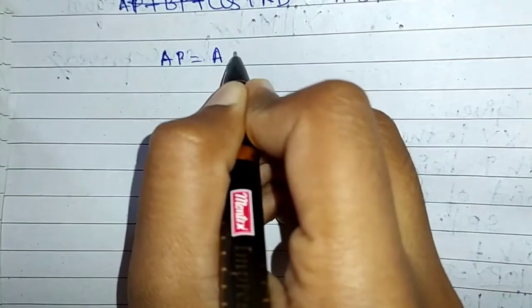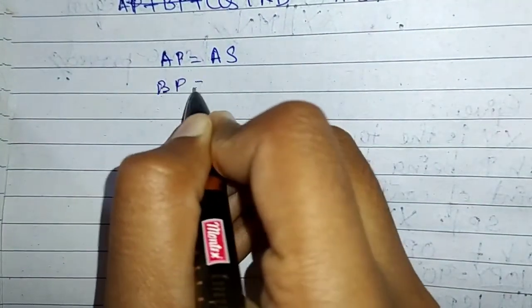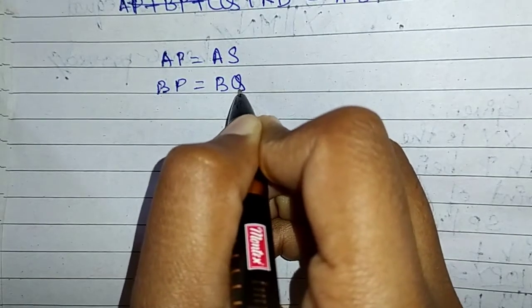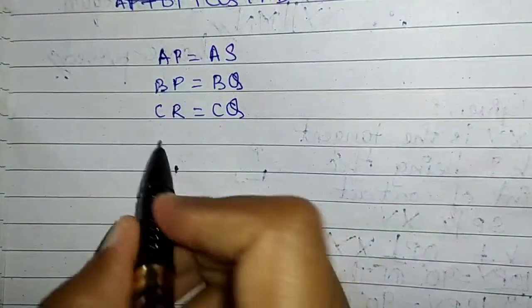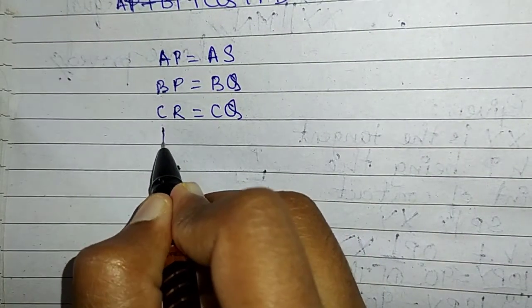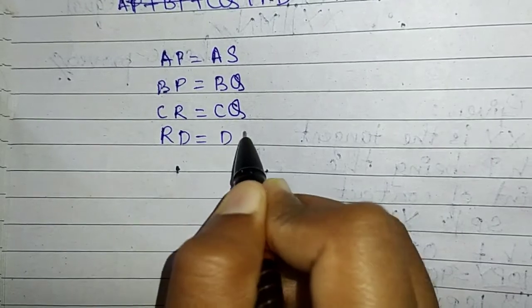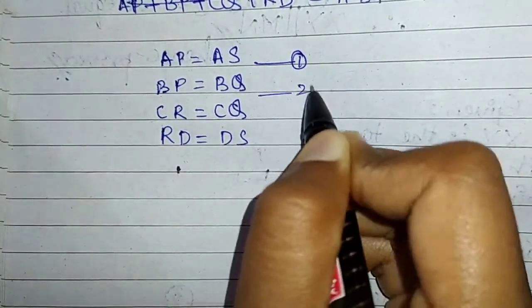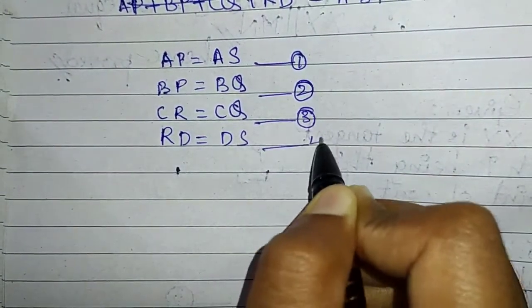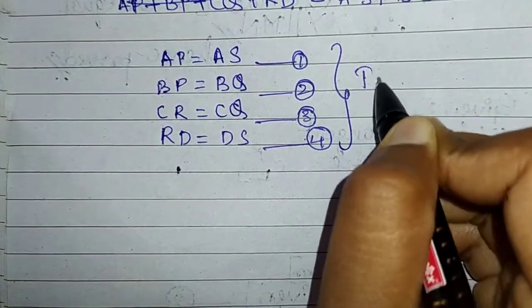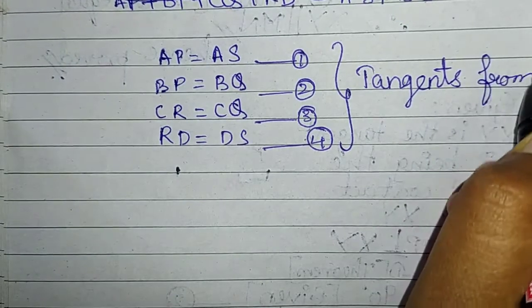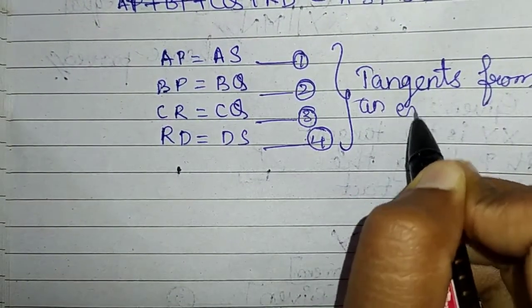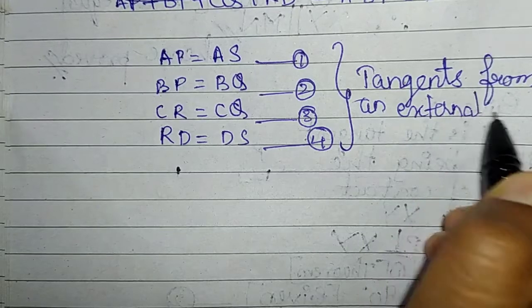So AP is equal to AS, BP is equal to BQ, CR is equal to CQ, and lastly we have RD is equal to DS. Name them as equations 1, 2, 3 and 4. And the reason is tangents from an external point are equal.